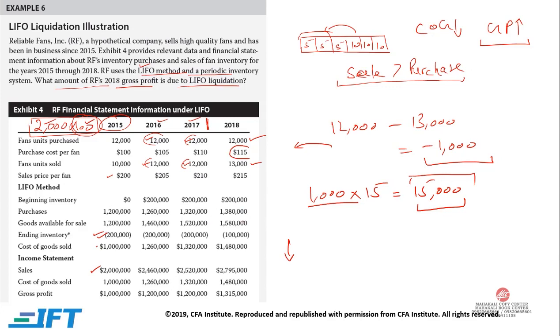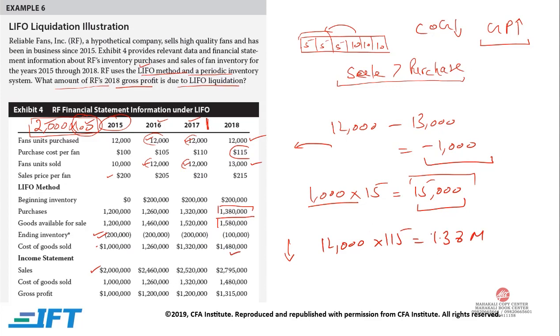Now over here, our cost of goods available for sale is 1.58 million. The total purchase would be 1.38 million, so 12,000 multiplied by 115 equals 1.38 million. And our cost of goods sold is 1.48 million.